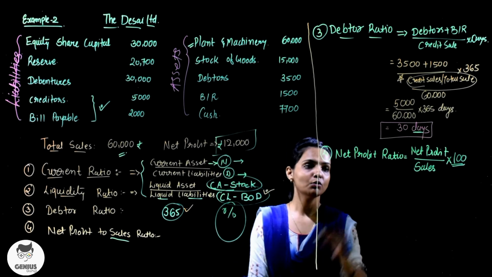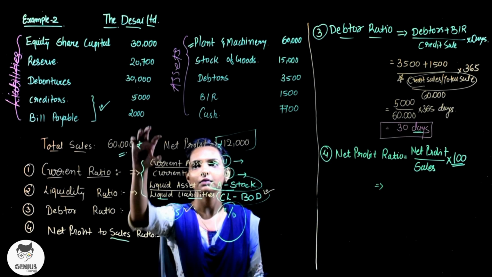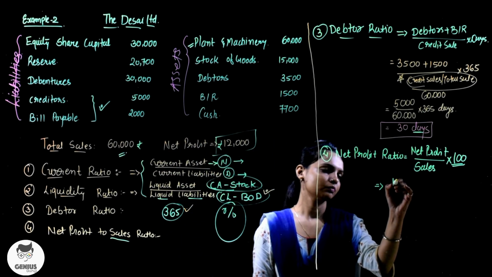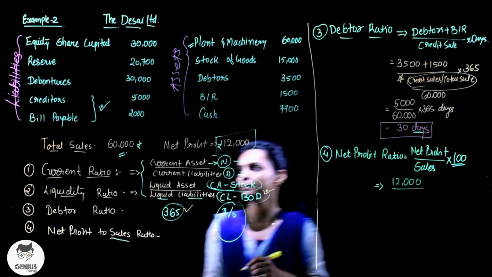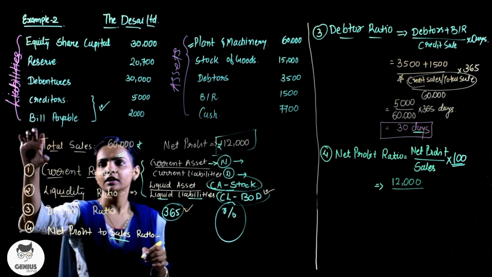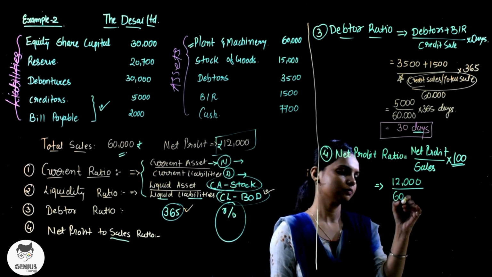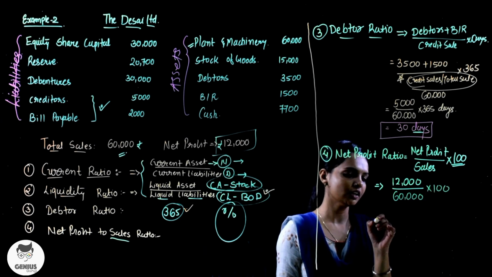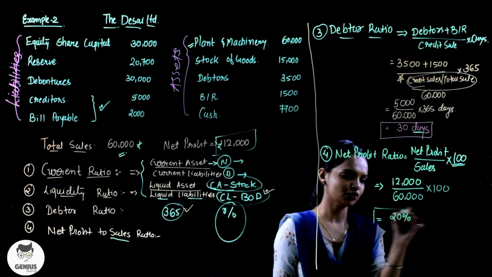So put the amounts over here. What is your net profit? My profit is 12,000 rupees divided by total sale. Here the total amount of sale is 60,000, into 100, and I will get my answer 20%.